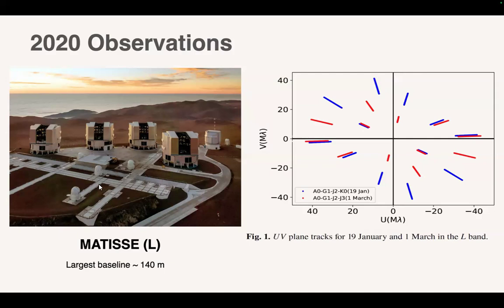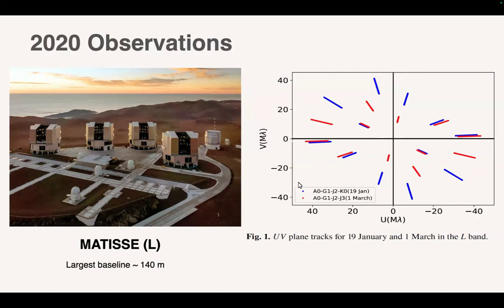You project those baseline vectors onto the sky, onto a system known as UV coordinates. The thing to remember is that the more sampled your UV space is, the better your image will be. The more poorly your UV space is sampled, the worse your image is going to be.